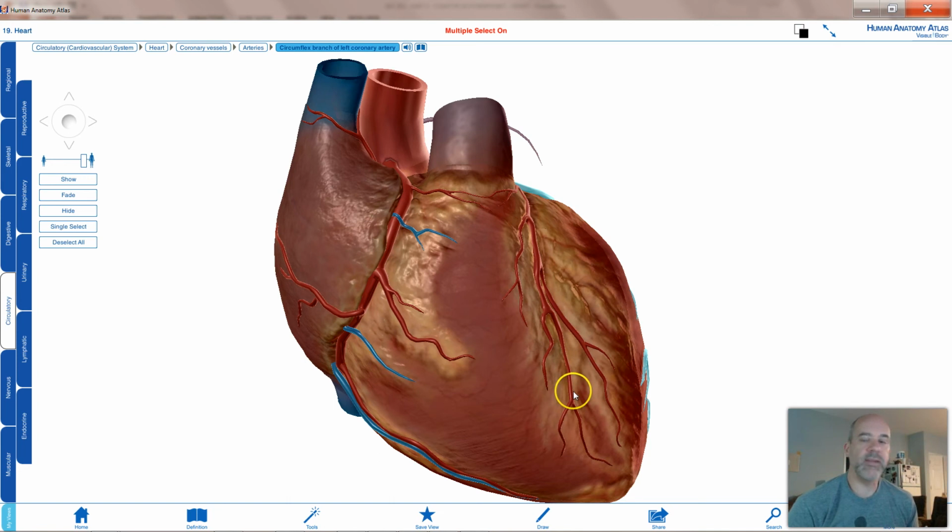Now these arteries lead to smaller arteries that dig down into the myocardium, and then those are going to branch into arterioles, just like we have in the pulmonary circuit and the systemic circuit. Same deal with your coronary circuit. Those lead to capillaries, microscopic blood vessels that provide oxygenated blood to specific locations where you have cardiac muscle fibers down in there.